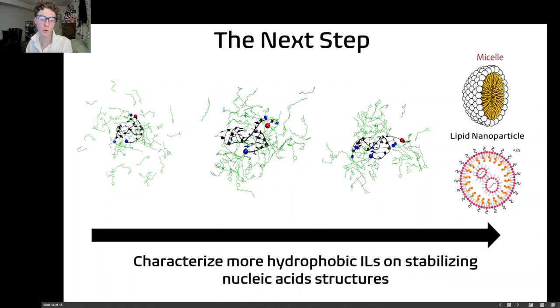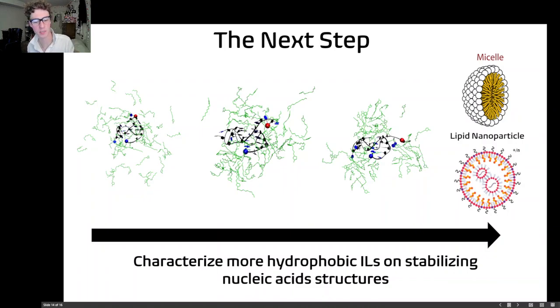Now, we know that some ionic liquids can actually form micelles, which is what you see at the top right here. Basically, your hydrophobic tails would point inward, and from the hydrophobic effect and the ordering of waters to reduce the overall surface area of water formation, these hydrophobic layers will pack together into a sphere. And actually, some ionic liquids can use this method to encapsulate and preserve the overall topology of DNA, which is actually Pu22 here.